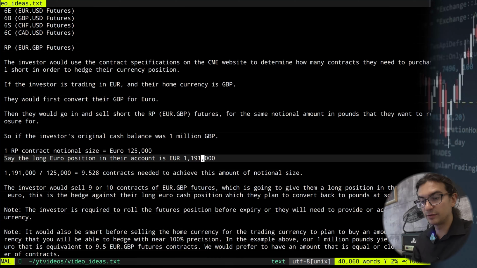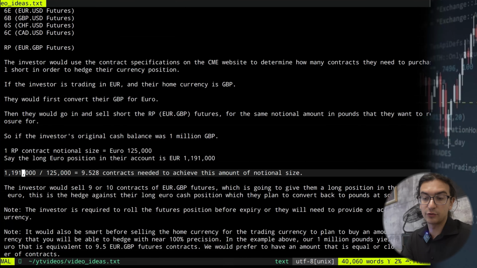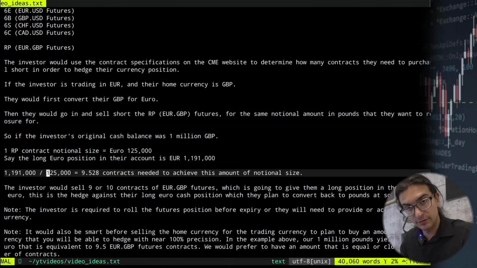So they need to take that amount and divide it by the notional contract size of the futures. In this case, 1,191,000 divided by 125,000 tells us how many futures contracts we need to sell short in order to regain the pound exposure of our 1 million pounds approximately.